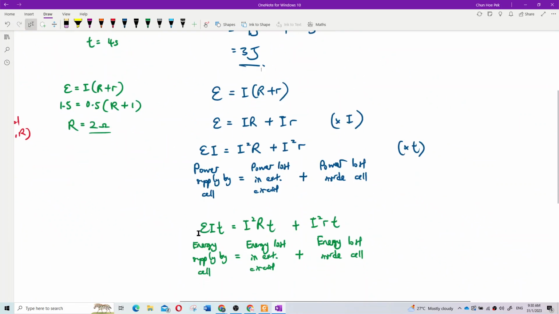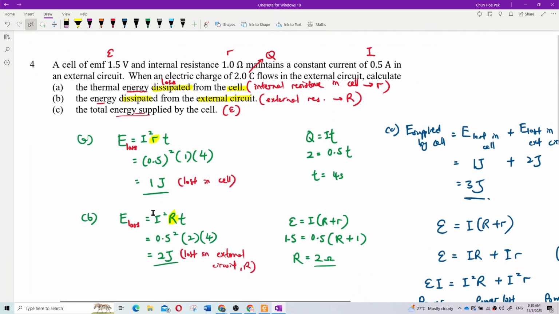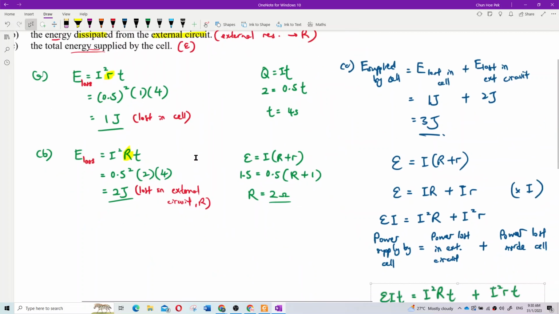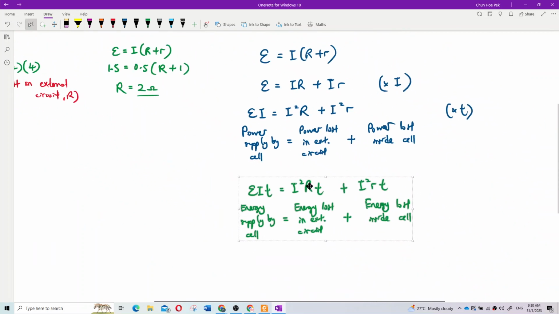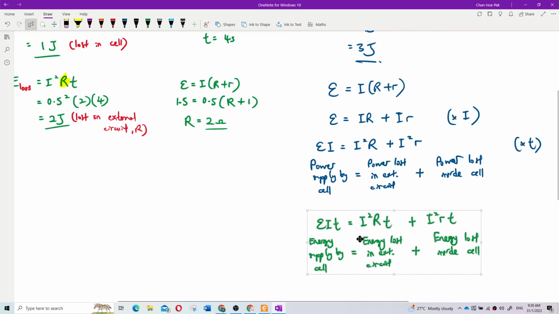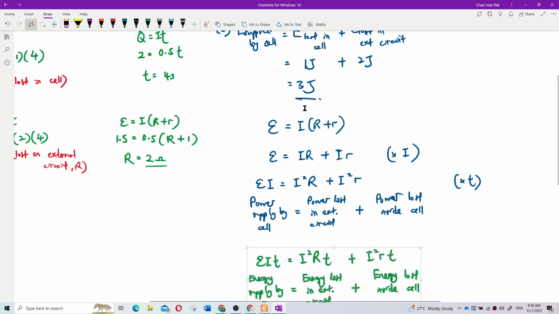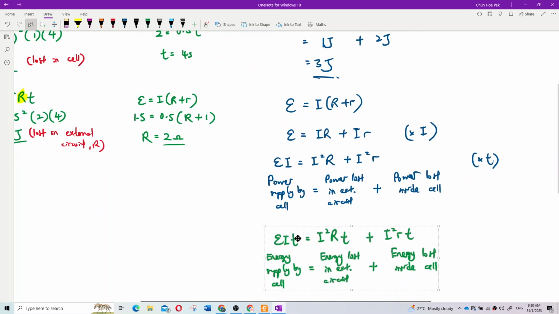Based on this, we already calculated I square Rt and I square small rt. These two added together are the energy supplied by the cell, EIt. If you don't believe me, you calculate and see. You can get the same answer, 3 joule also. Yeah, use this formula EIt now.